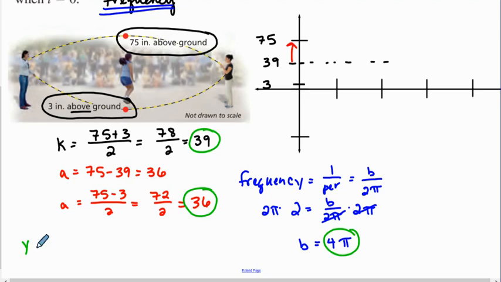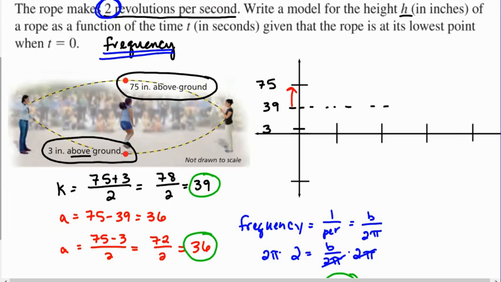So we've got y equals 36. I'm going to use cosine this time, but that's because it says in the last part of my problem, the rope is at its lowest point when t is 0. So it's actually starting and ending at the lowest point of 3. Halfway between those, it'll reach its highest point.